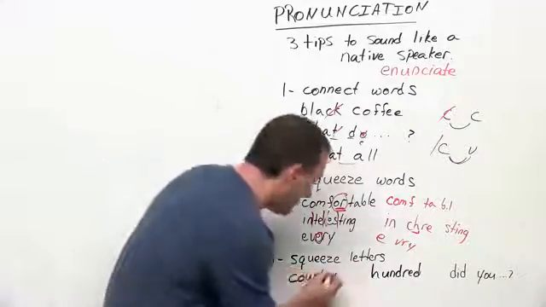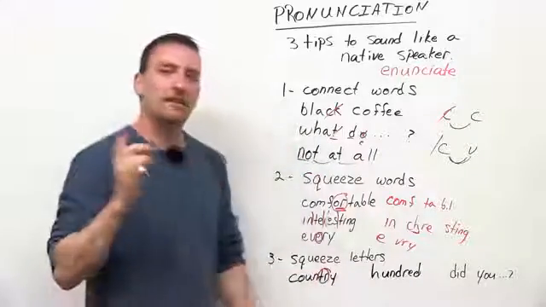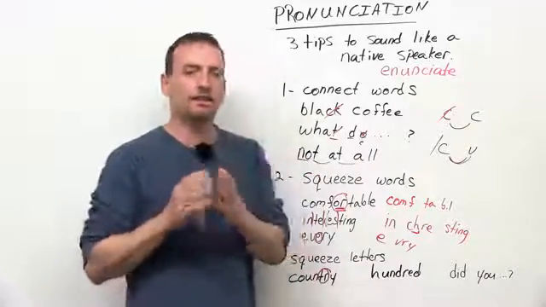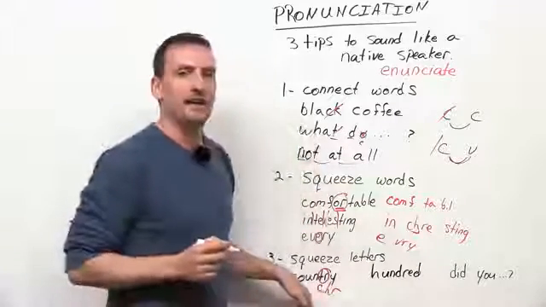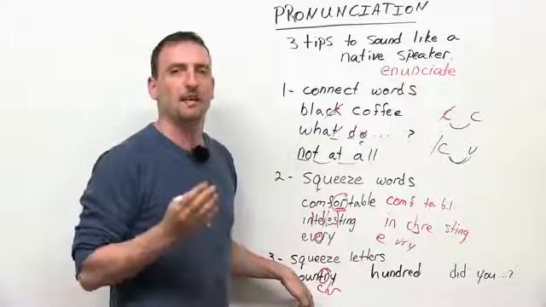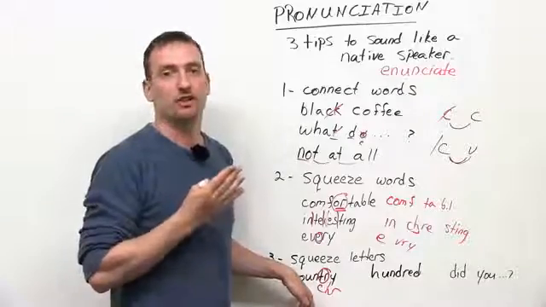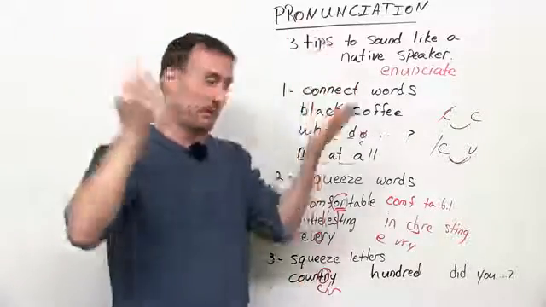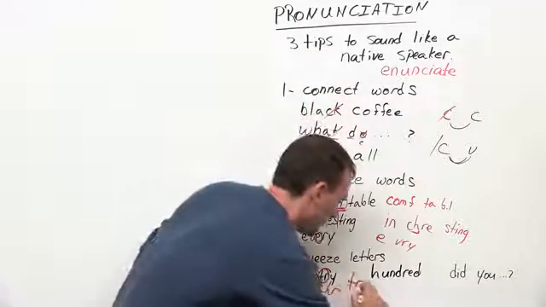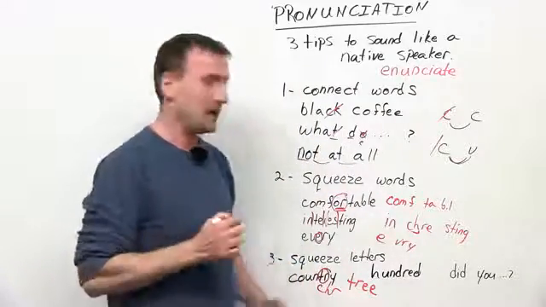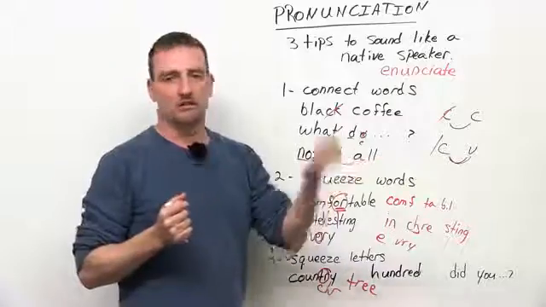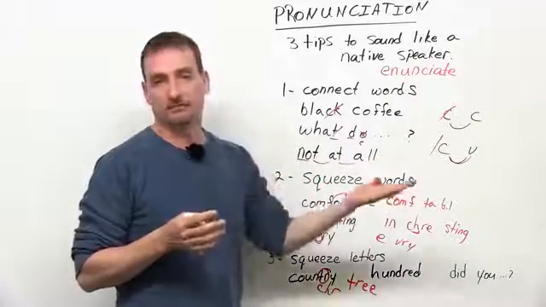When we have TR together, it usually sounds like CHR. So we don't say country, we say country. Like a tree that grows, but even a tree is tree. Okay? If you go out with your friends, you go out for a treat.